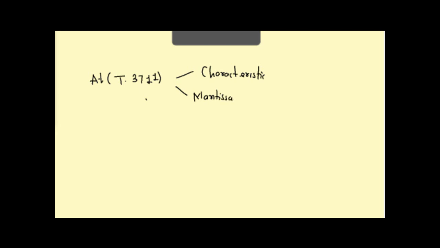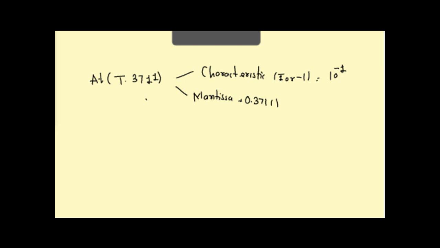In this case, our characteristic part is bar 1 or -1, and the antilog will be 10 raised to -1. Okay, the mantissa part is plus 0.3711. So for antilog of this value, we have to look in the tables.